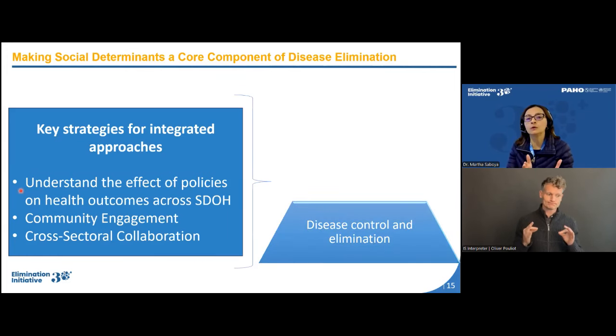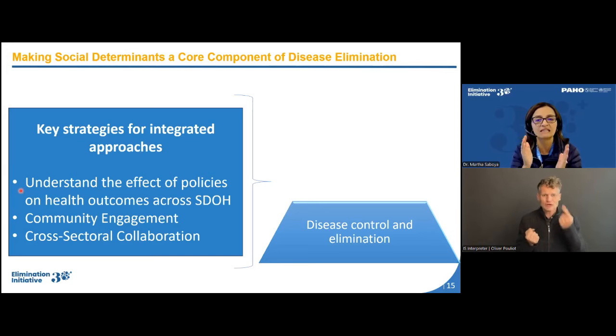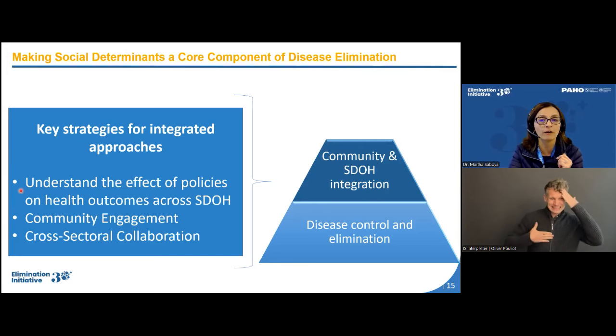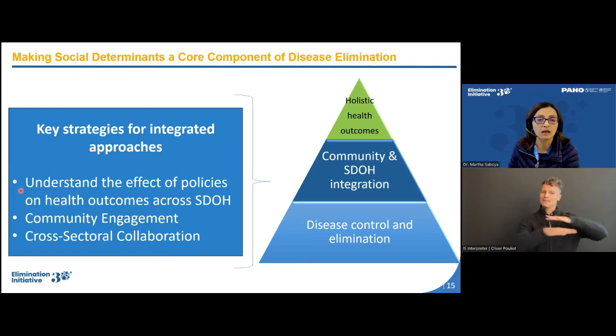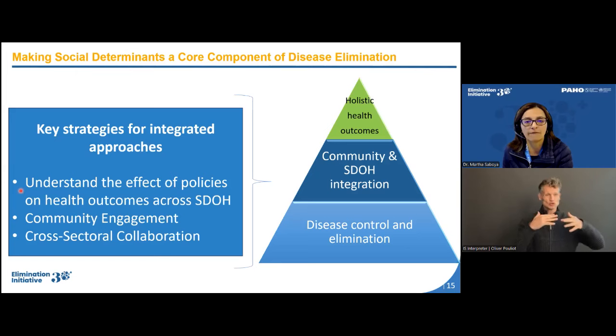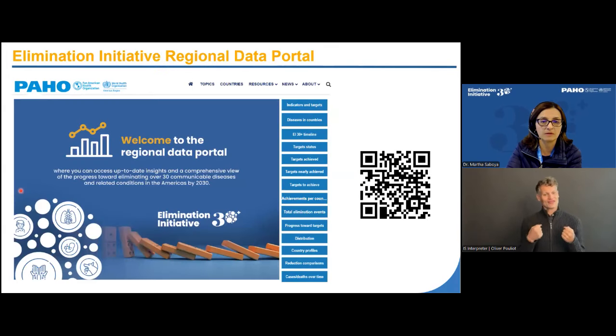We want to continue working on disease control and elimination actions. That is needed. We need the specialty, the experts, the specific interventions. However, we need to combine that very soon and at a more accelerated pace with community and social determinants of health integration if we really want to have holistic health outcomes and improve the living conditions of the affected communities.